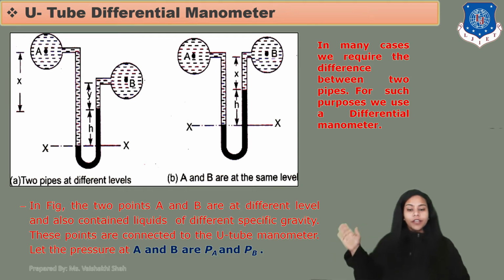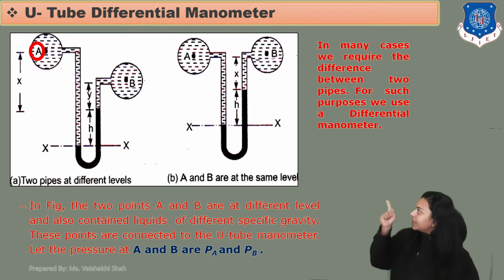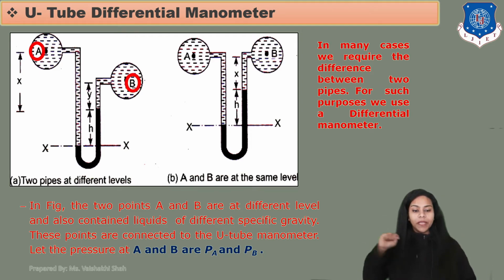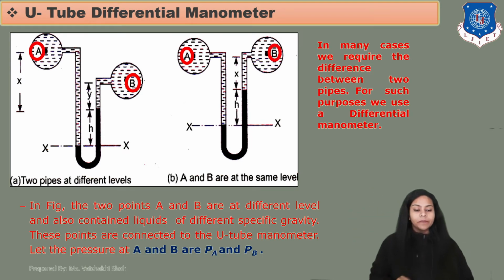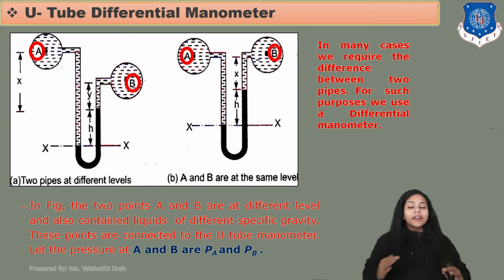In the figure there are two points, point A and point B. Here in the second figure, point A and point B are at different levels and also contain liquids of different specific gravity. In pipe A and pipe B there are different liquids with different specific gravity.